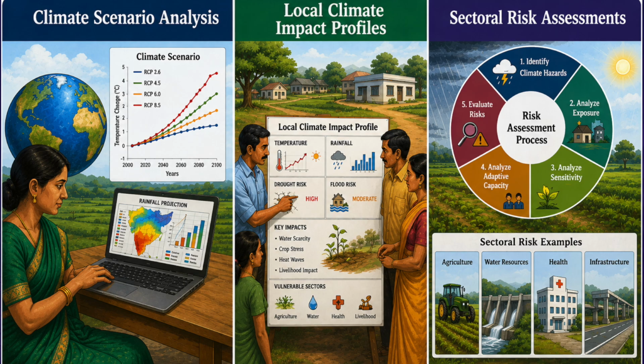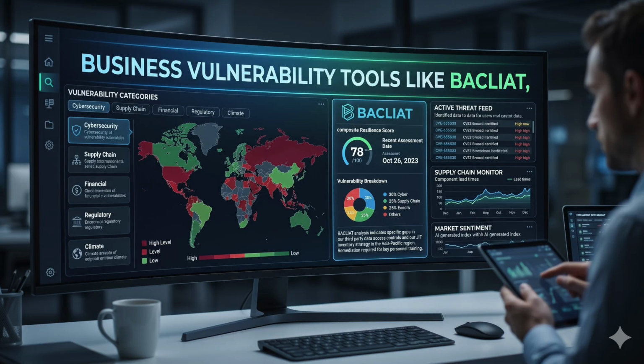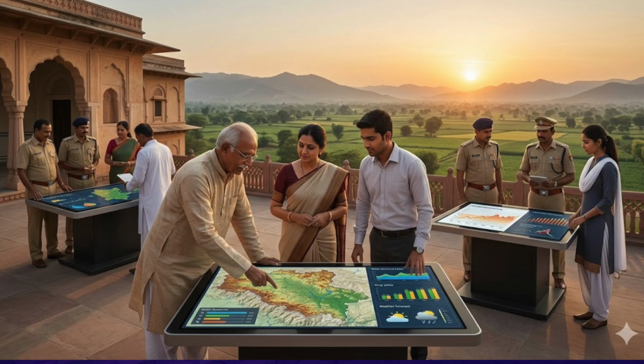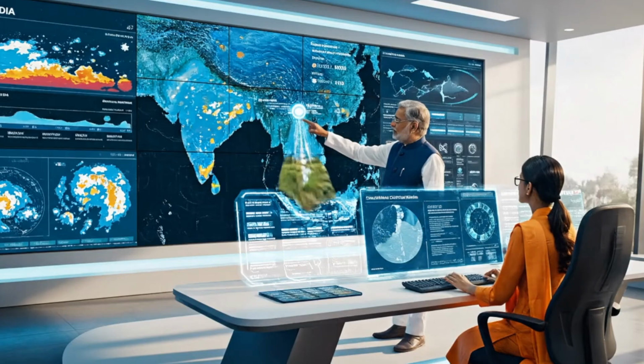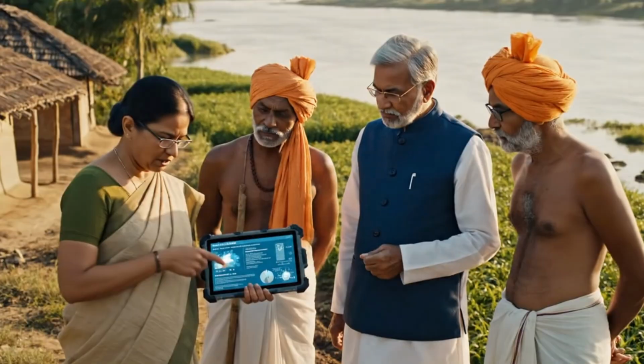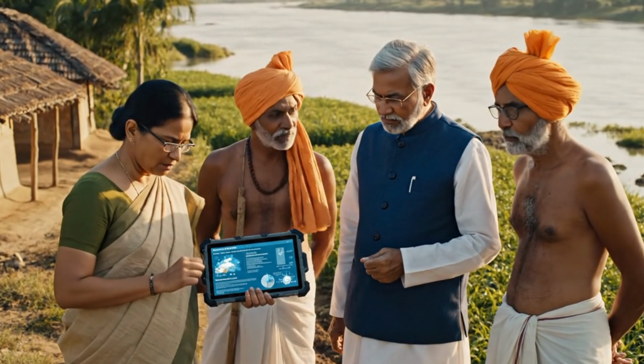Tools like climate scenario analysis, local climate impact profiles, sectoral risk assessments, and business vulnerability tools like BACLIAT help adaptive capacity by giving decision makers at all levels, from national ministries to local authorities and communities, easy access to information.